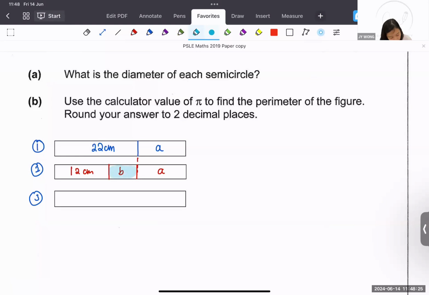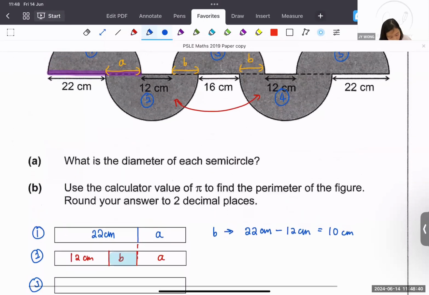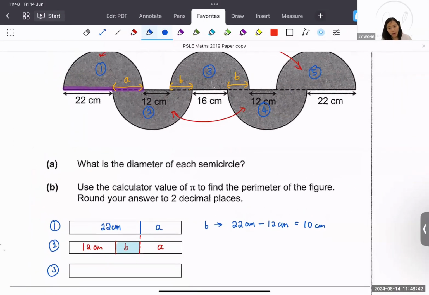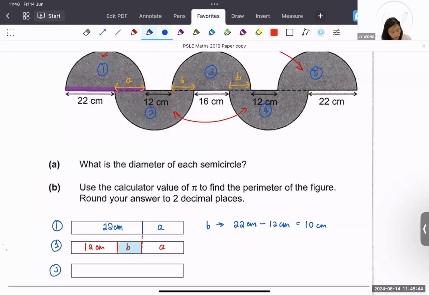I have A and B. A is the same, and this part is B. So to find B, it is 22 cm minus 12 cm. That will give you 10 cm. So I can find out one part of it. I find out B first. Then let's go on and see.